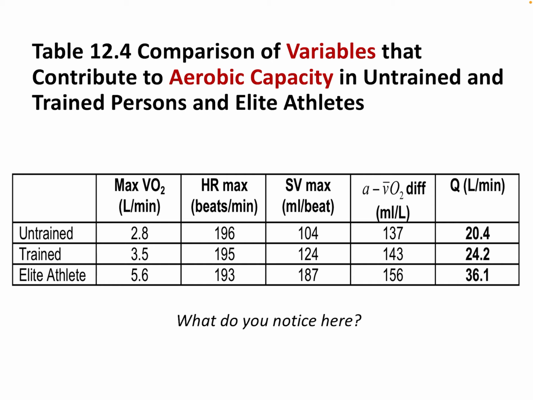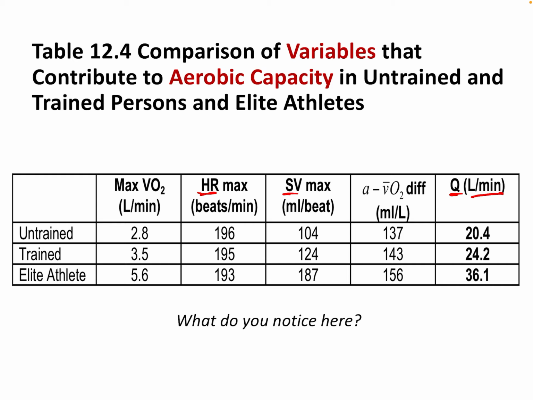The value in the final column, if we have a look there, is our cardiac output. Remember, it's symbolized by the letter Q. And our cardiac output is calculated by multiplying the values in the second column, our heart rate, by those in the third column, the stroke volume, and then converting the result from milliliters per minute into liters per minute.